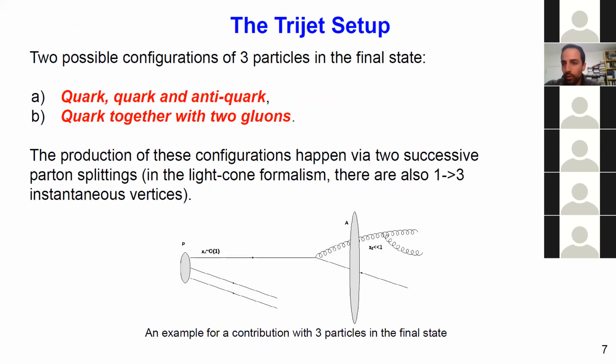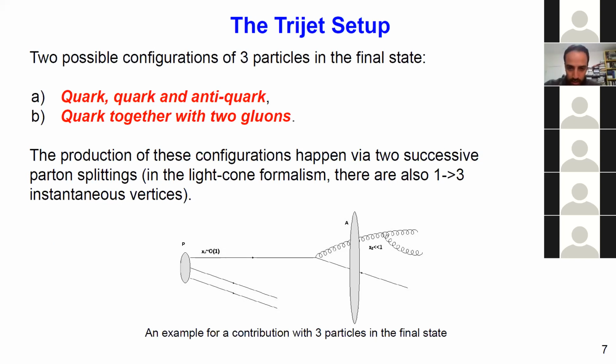But computing the NLO dijet production is actually quite a challenging thing, so it's not so easy to get this. And we thought to ourselves that the best way to start is to compute the real part of the NLO dijet. In order to do that, what we have to do is to compute the trijet setup and then to integrate over one of the partons. Integration over one of the partons is equivalent to the situation where we are not measuring the parton.